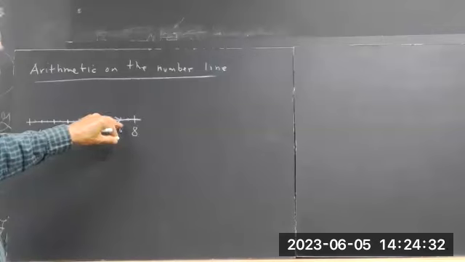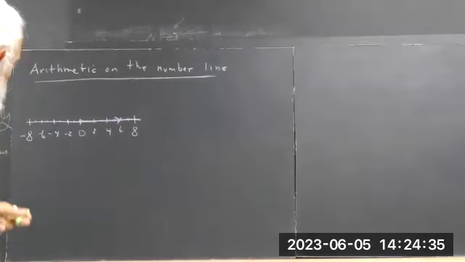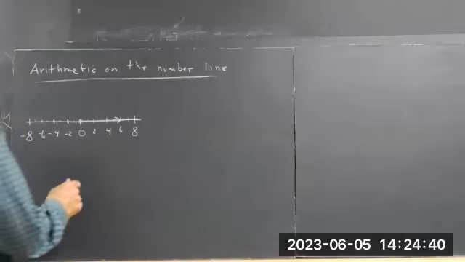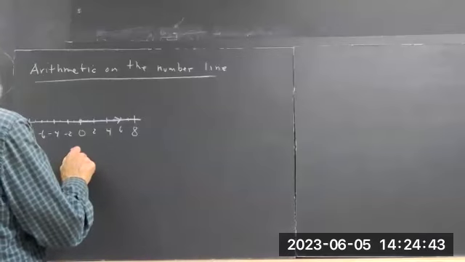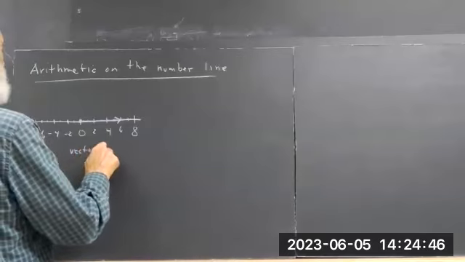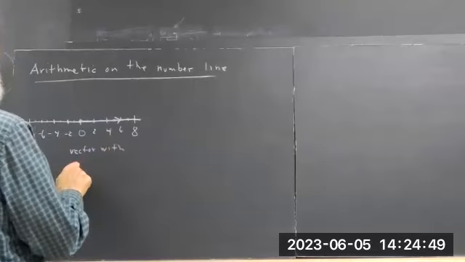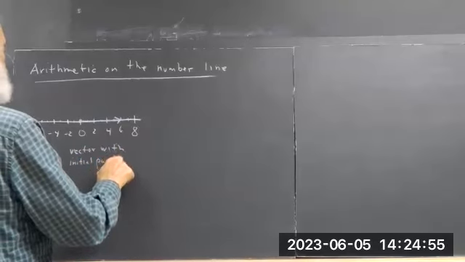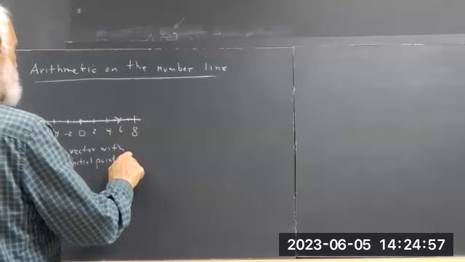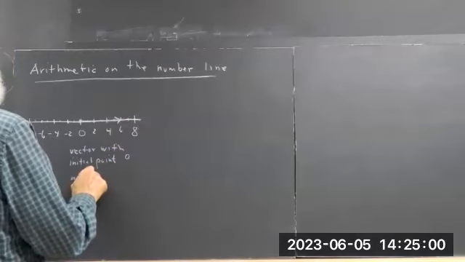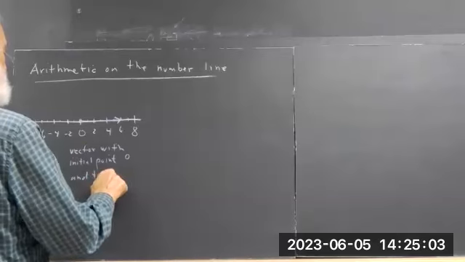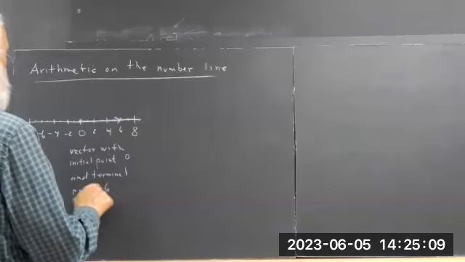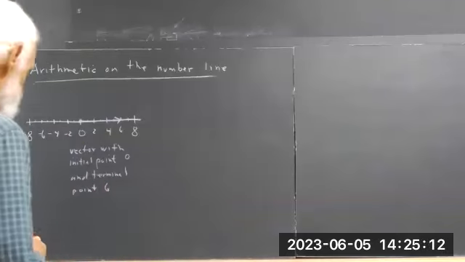We call this the terminal point of the arrow. And we also going to call the arrow a vector. Okay, so we've sketched a vector with initial point 0 and terminal point 6.